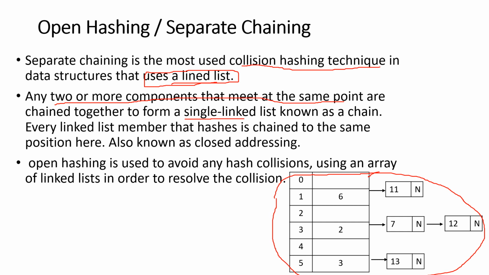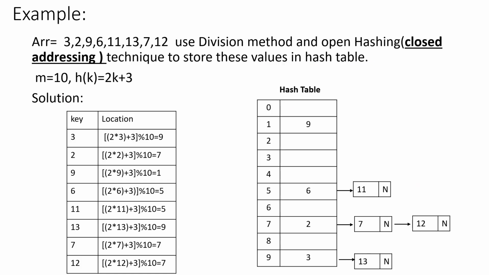Okay, now we'll see an example of separate chaining using the division method. Suppose a question is given with an array of elements, and use the division method. The division method is just a method to calculate the index of a given element, right?